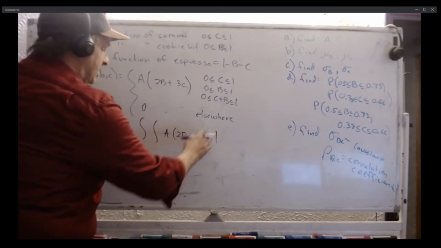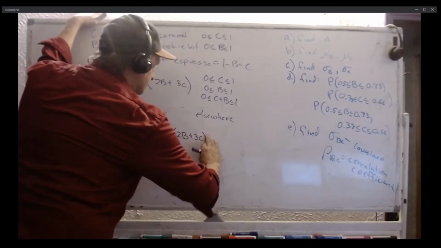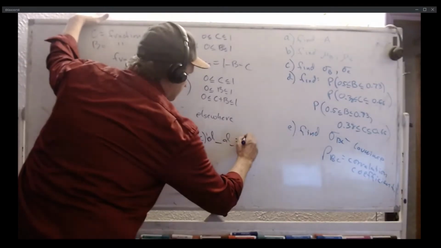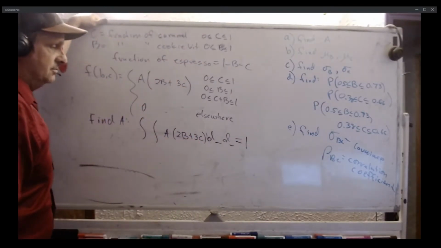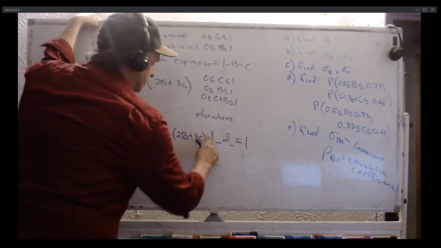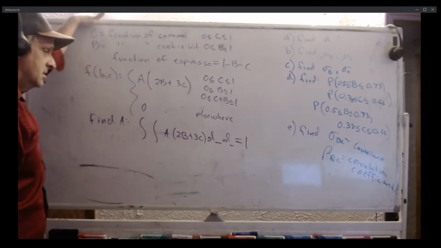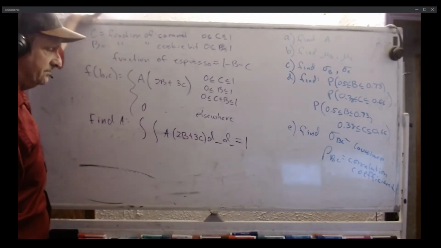These are random variables. D something, D something. This has to equal 1. So these random variables are going to integrate out. If they don't integrate out, we did something wrong. So do we integrate over B first or over C first?